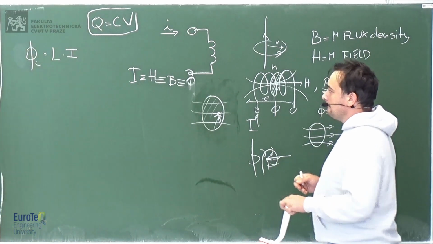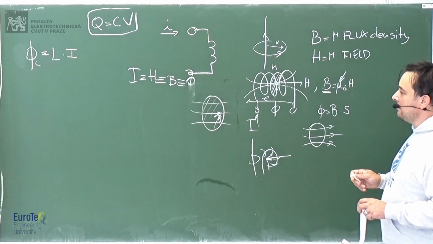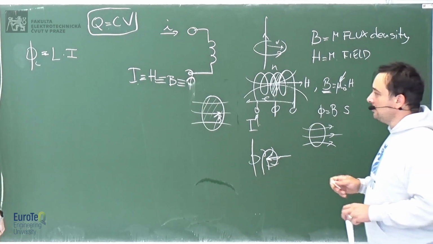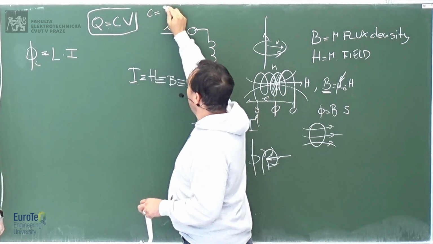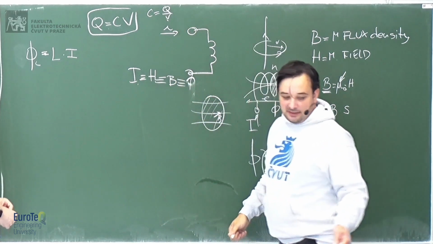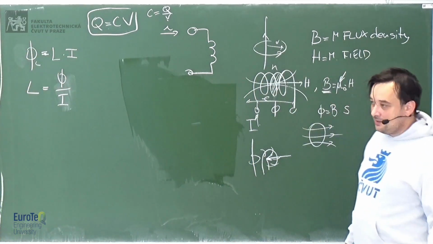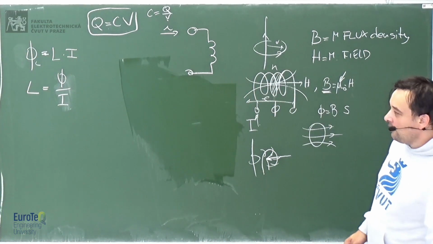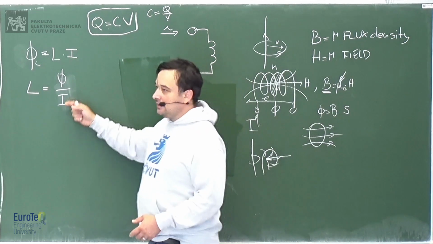Okay. Q is equal to L times I. The flux is equal to the inductance times the current. As we defined capacitance as how much charge you get per unit of voltage at the capacitor, the inductance is how much flux you get per unit of current.